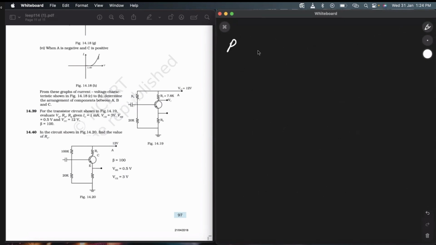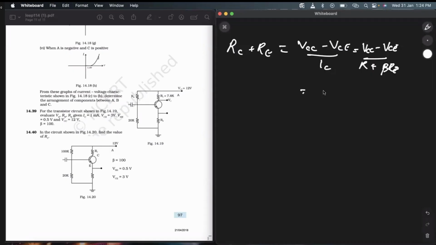So RC plus RE is equal to (VCC minus VCE) on IC. So here it will be (VCC minus VCE) upon (R plus beta RE). It will be 11.5 divided by 200 milliampere. So from 2 we have RC plus RE equal to (VCC minus VCE) upon IC.